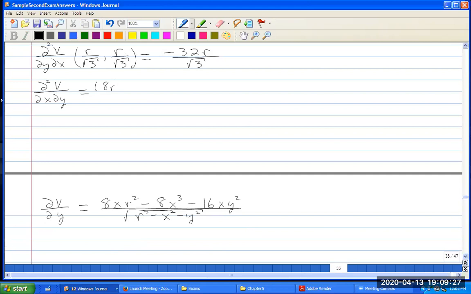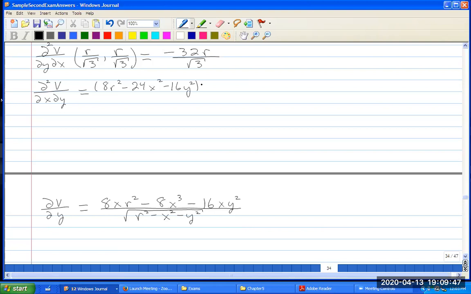And so I get 8r squared minus 16x squared. That was an error. Minus 24x squared minus 16y squared.